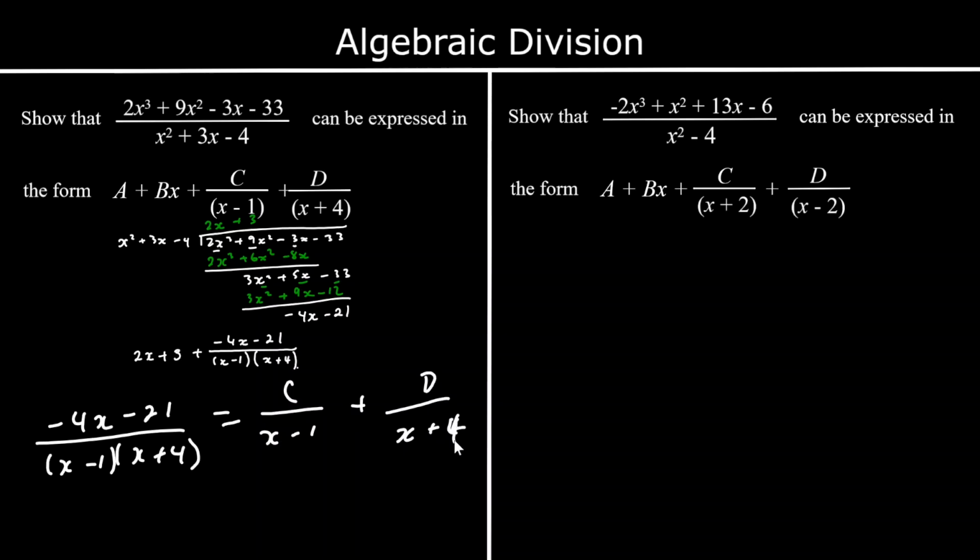Multiply through by the denominator. Minus 4x minus 21 equals c times x plus 4 plus d times x minus 1.